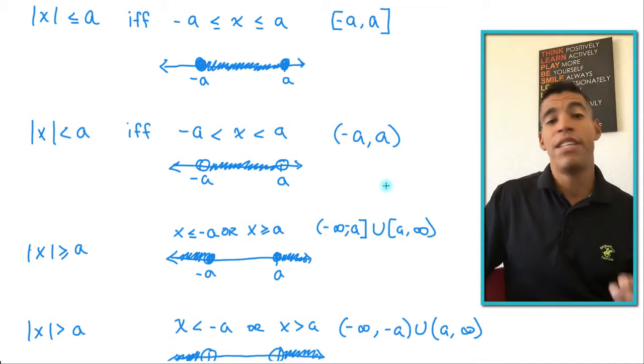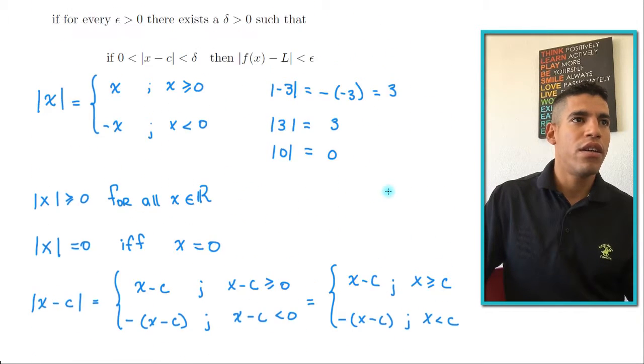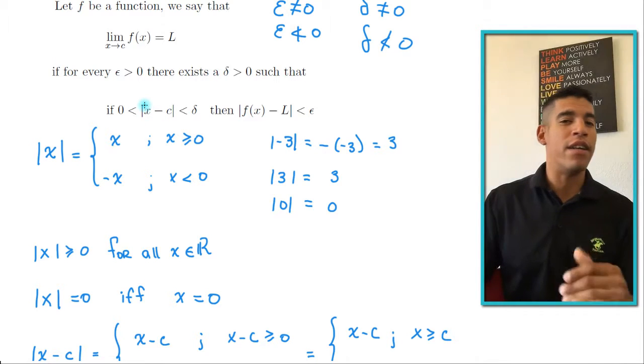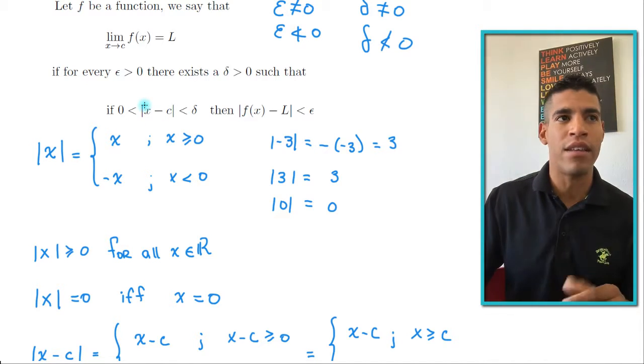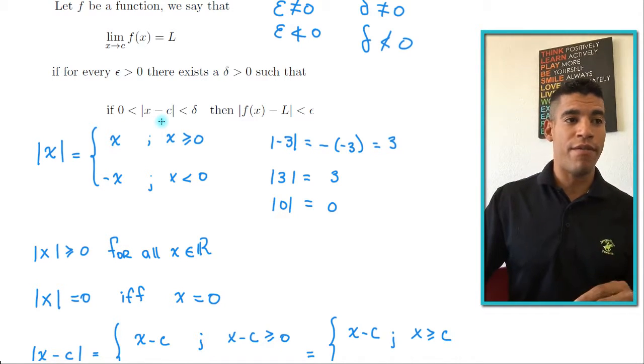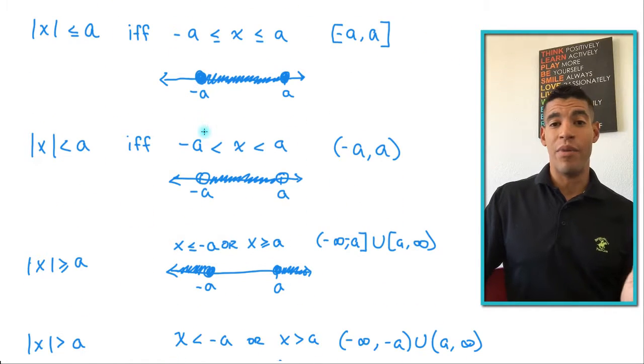Okay? So let's go back to the definition. We are here. So let's talk about the part from the right of the first part. X minus c less than delta. Which of the four properties that we define are we going to choose? The second one, right?